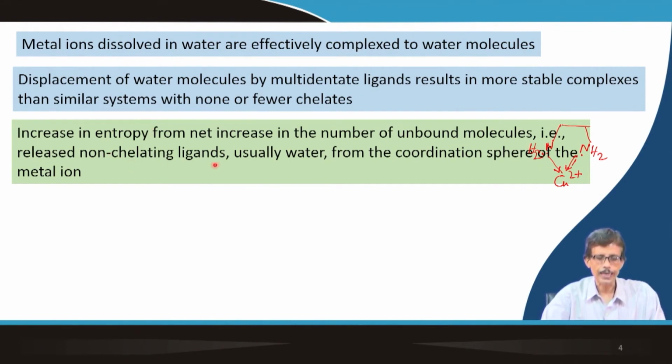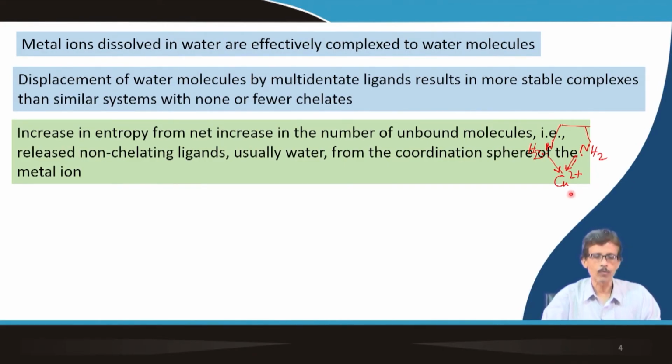So, the non-chelating ligand, usually water in the aqueous medium, as in our living system also, will be released from the coordination sphere of the metal ion. Many water molecules will be released, because if you attach two of these ethylene diamine molecules, the formula of the species will be Cu(en)2, but at the same time you will be removing 4 water molecules.